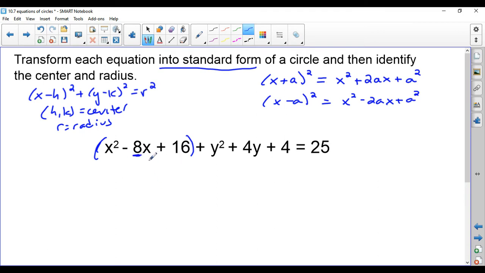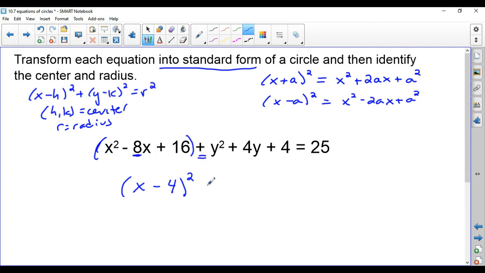So here, since it already is a perfect square trinomial, I can write this in factored form. The other way to see that this is (x minus 4) squared is to think: what two numbers multiply to 16 and add up to negative 8? Negative 4 and negative 4. So it's (x minus 4) times (x minus 4), that's (x minus 4) squared.